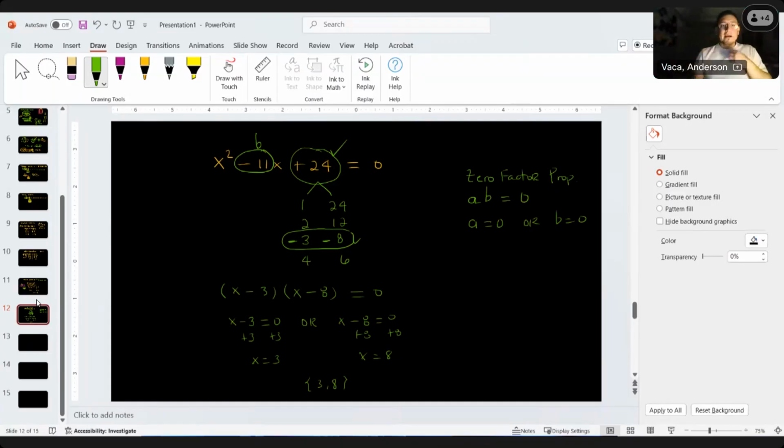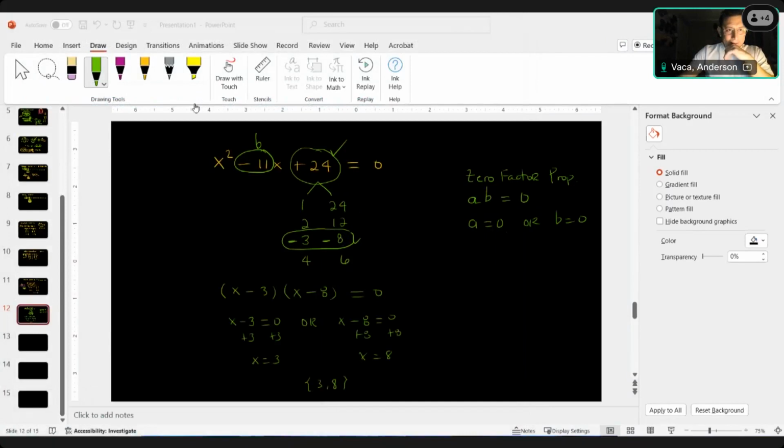All right, let me go back over here and make sure that I get the topic that I want to look at. Where is that one? We did those. So that's quadratic.